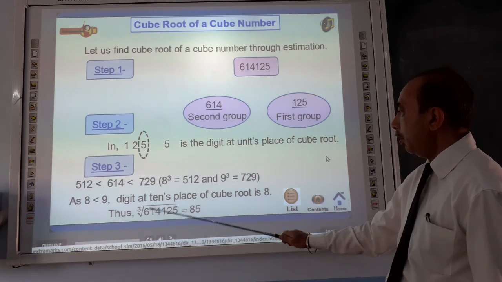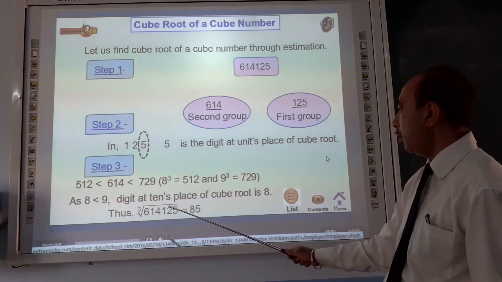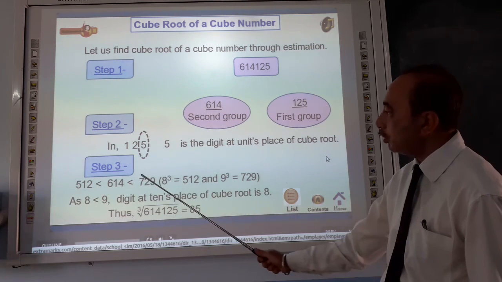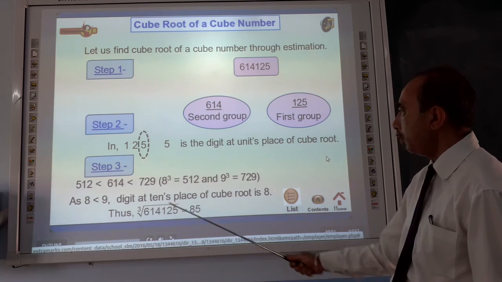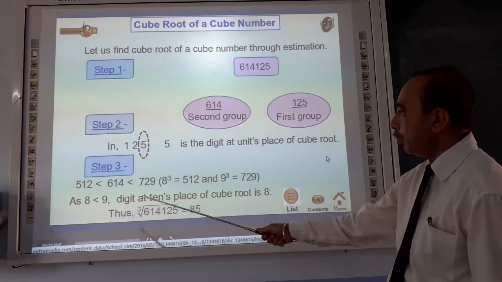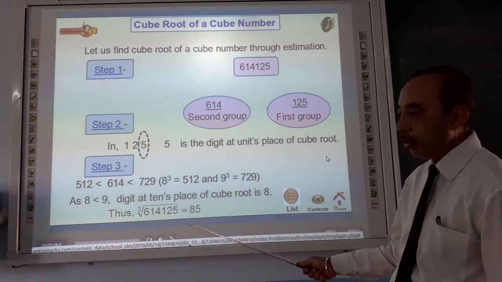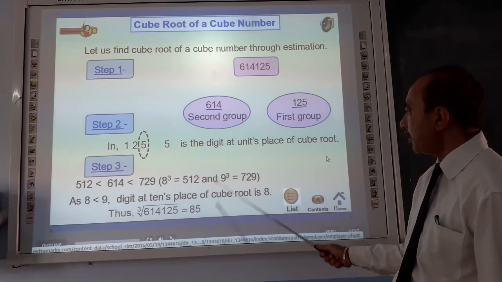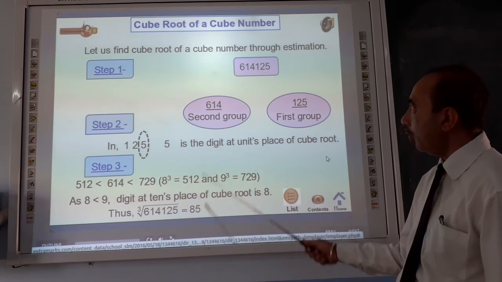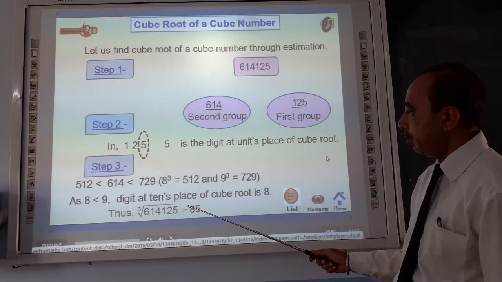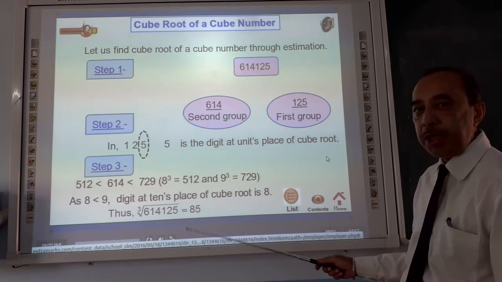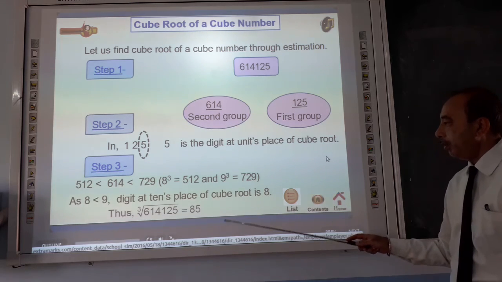Then we will come to know for which it is closer. So here it is closer to 512. So the 10's place digit will be 8. So by estimation, the cube root of the given number 614,125 will be 85.